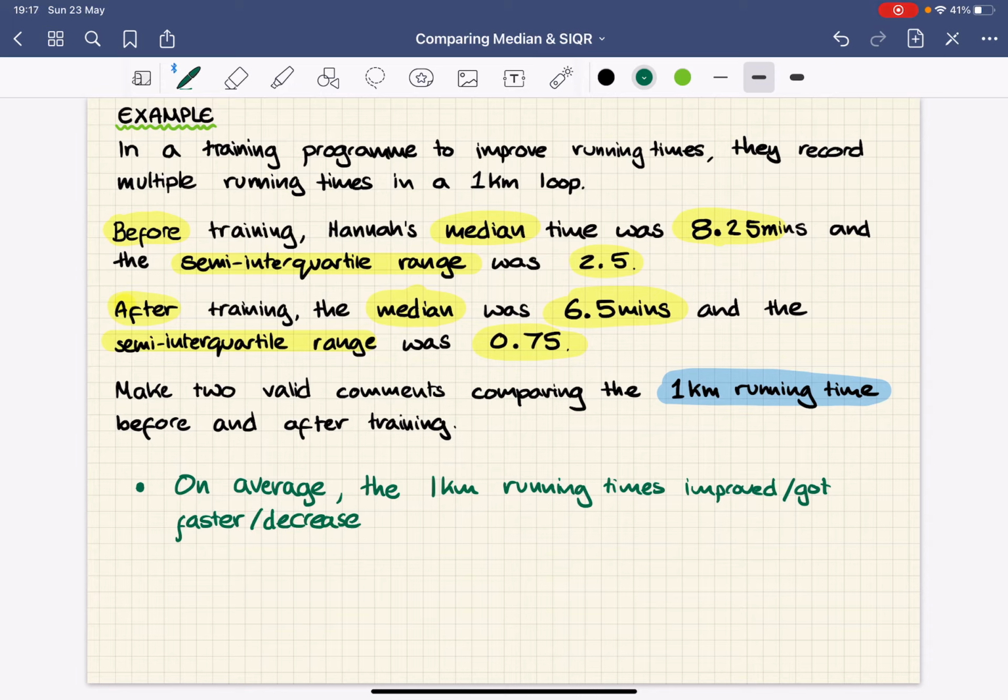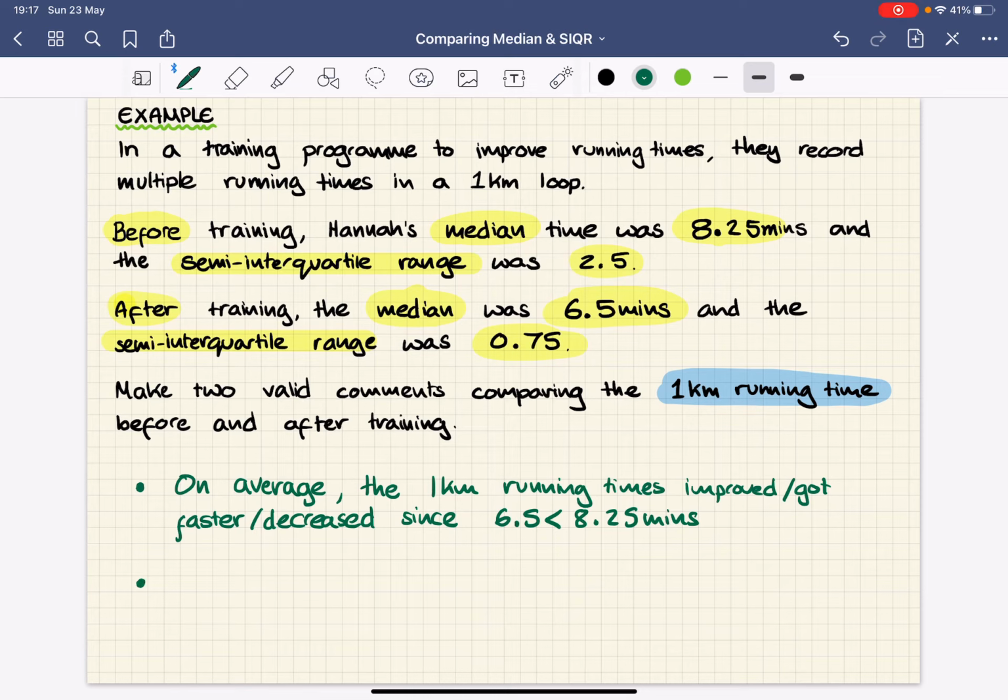So because it's gone down, that's why we'd say it got improved, or it's gotten faster, or it's decreased. Since 6.5 is less than 8.25 minutes. And you can write out less than instead of using the symbol, either or. So that's me comparing my median.